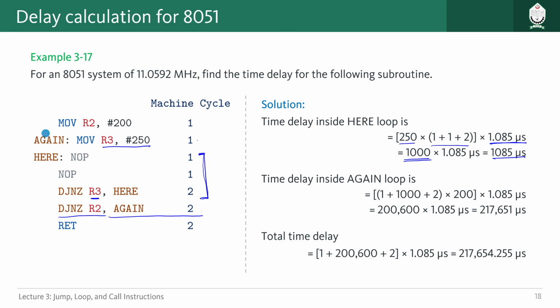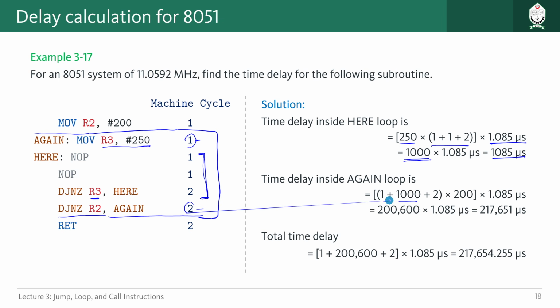Again, this one we are talking about. On top of the inner loop we have this portion, so we add this portion, which is 4 multiplied by 250, which is 1000. We have written 1000, and with that this 1 and 2 will be added.